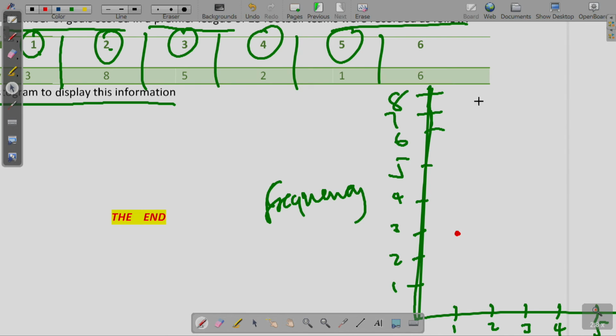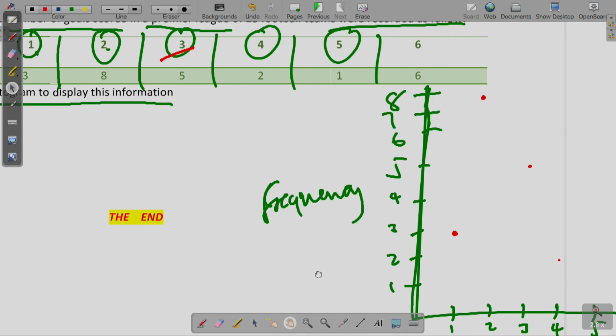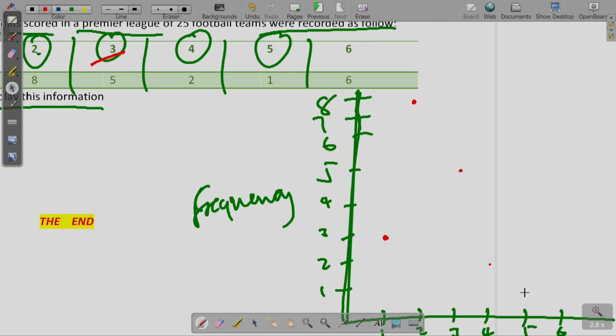When 2 we get 8, and also 3 goals we have 5, and also 4 goals we have 2, and also 5 goals we have 1, and also 6 goals we have 6.